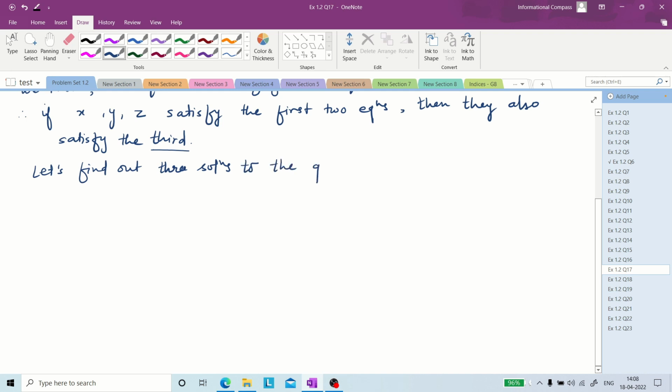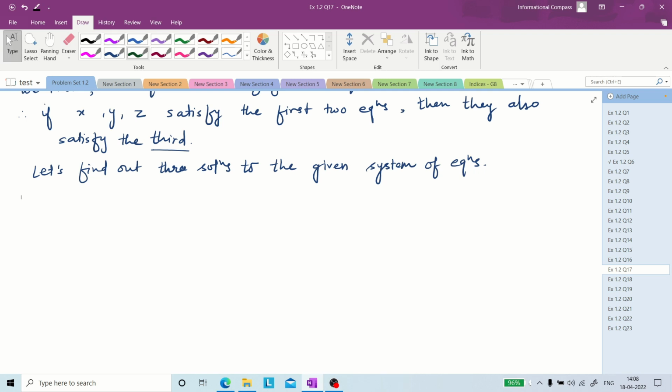I'll just read it for you. Since the third equation is the sum of the first two, it is automatically satisfied if the first two are. This is what is written here.